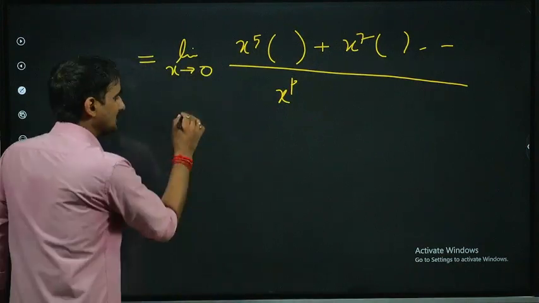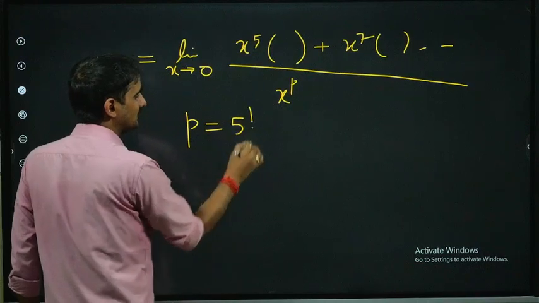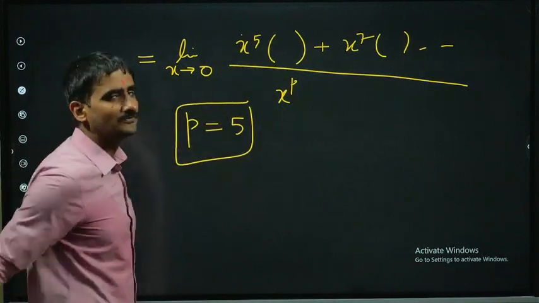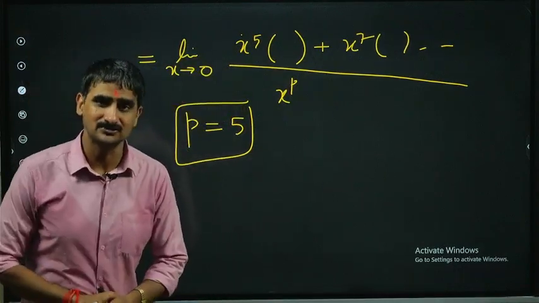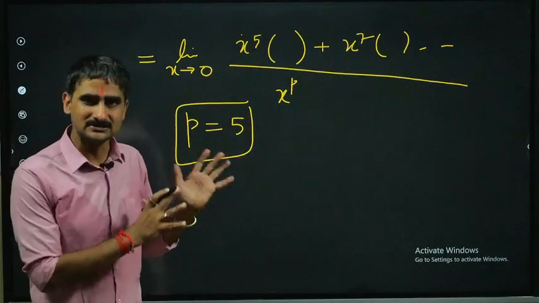So for that case, p should be 5 here, because the least degree of the numerator is x raised to the power 5. So that's it in this question.